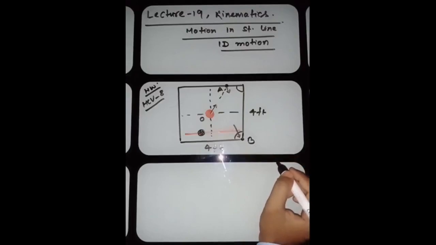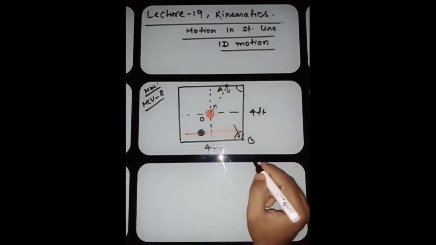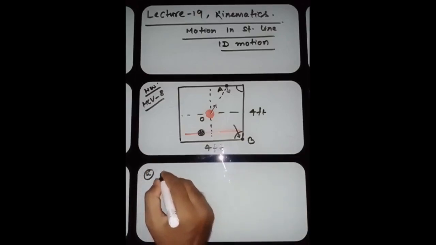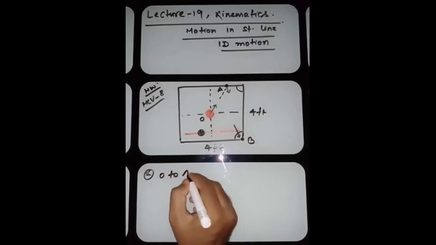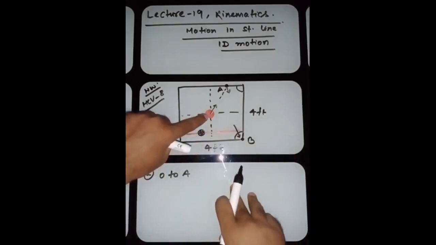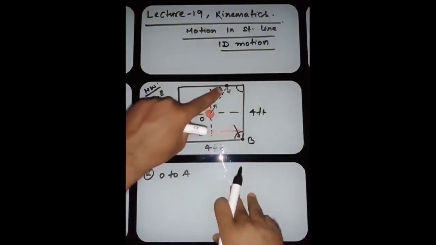Now the question, it is given in Arora. You have to find the magnitude of displacement of the queen, first from O to A, that is from center to the front edge.